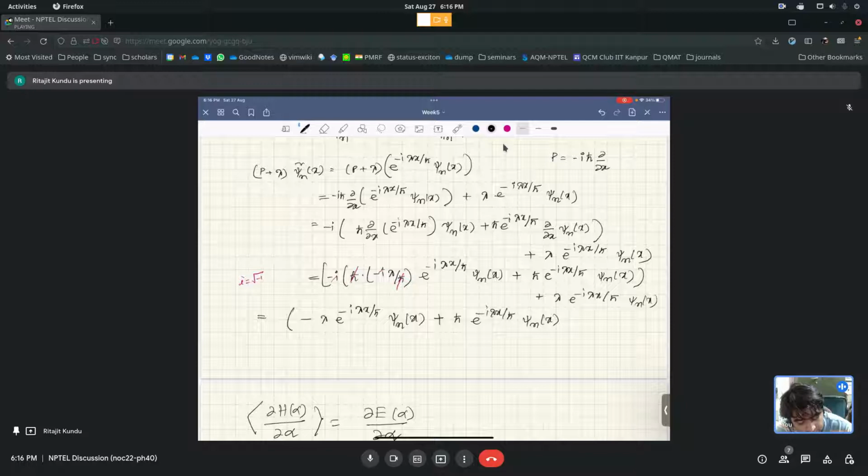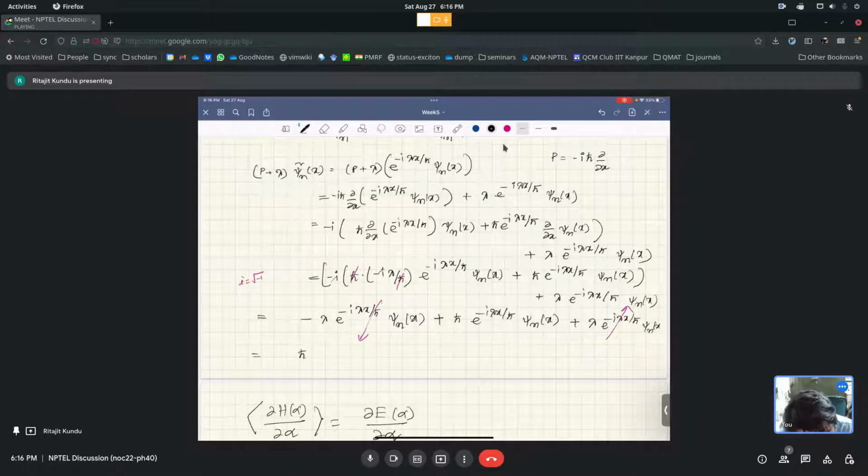Additionally I have this plus lambda e to the power minus i lambda x by h bar psi n of x. So we can clearly see that this and this are exactly opposite, so I can cancel them, and then I am left with h bar.